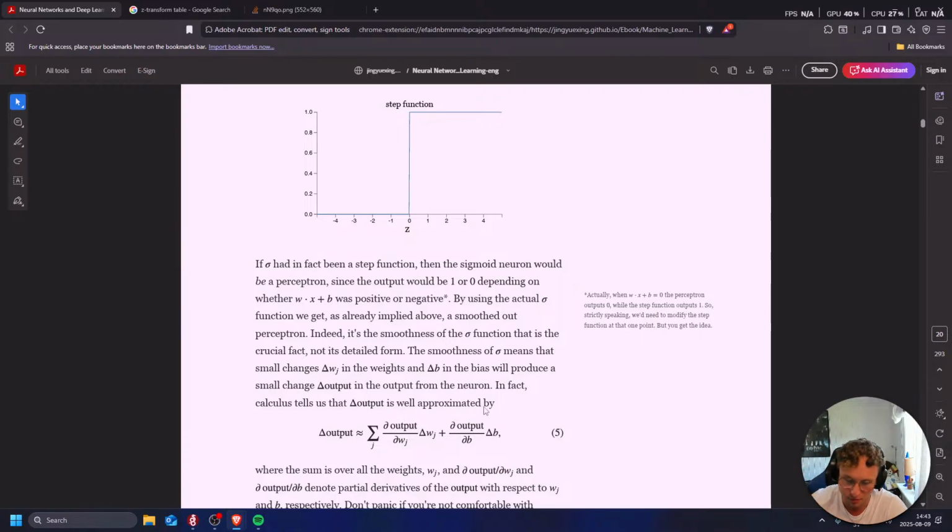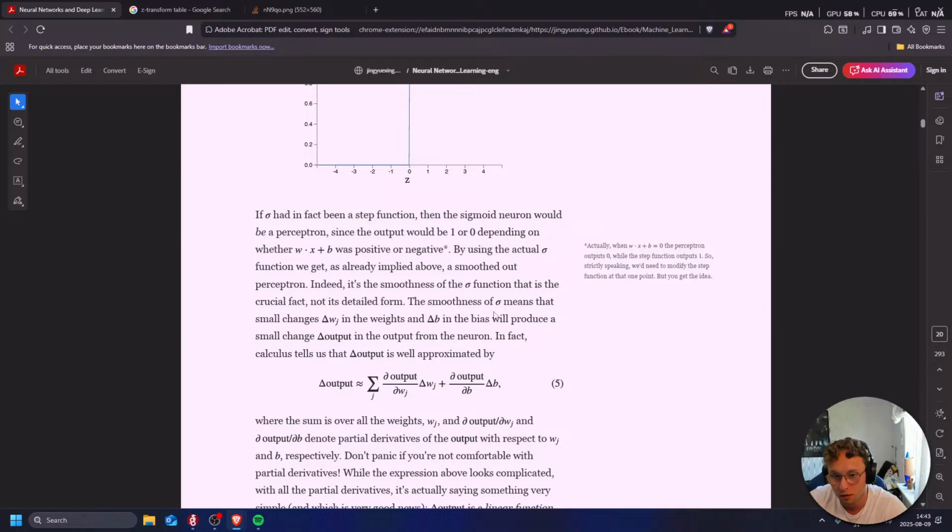I've seen this equation before. Where the sum is over all the weights and outputs, and these denote the partial derivatives, right? Yeah, this is partial derivatives. This is a general function in multivariable calculus with partial derivatives. Yeah, I've seen this before.